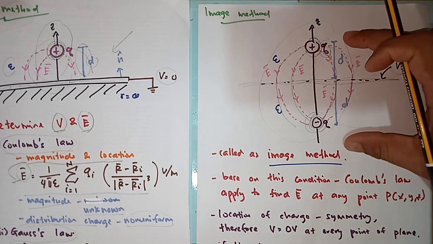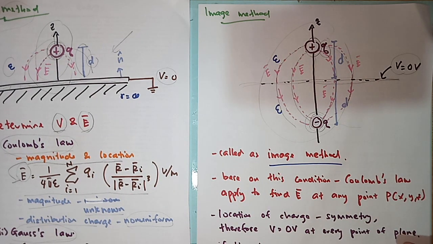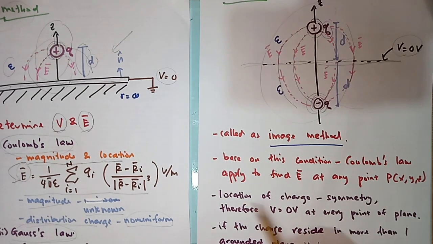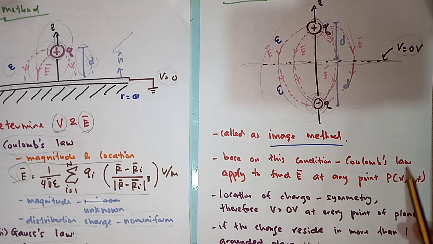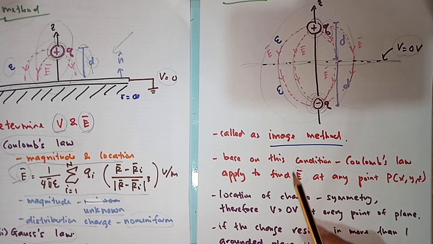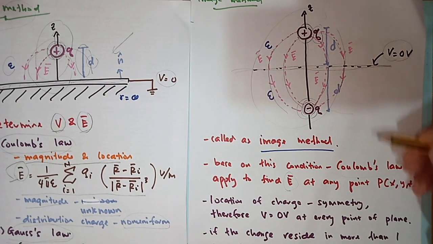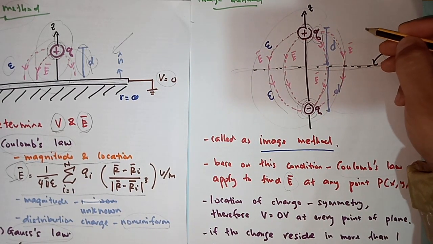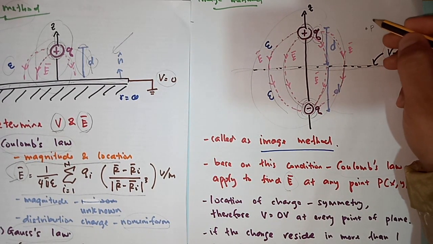So this method we call the image method. Based on this condition, we can apply Coulomb's law in order to find our expression for the electric field intensity at any point. So let's say we are trying to find the value of E at this point, for example.